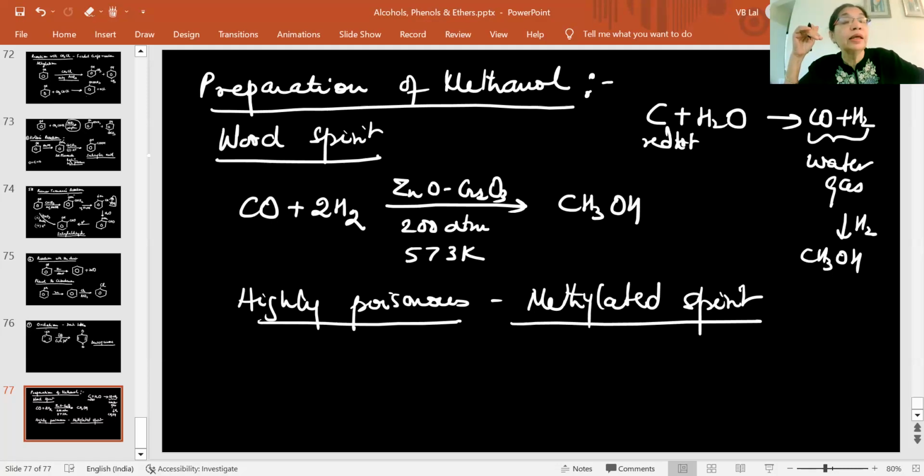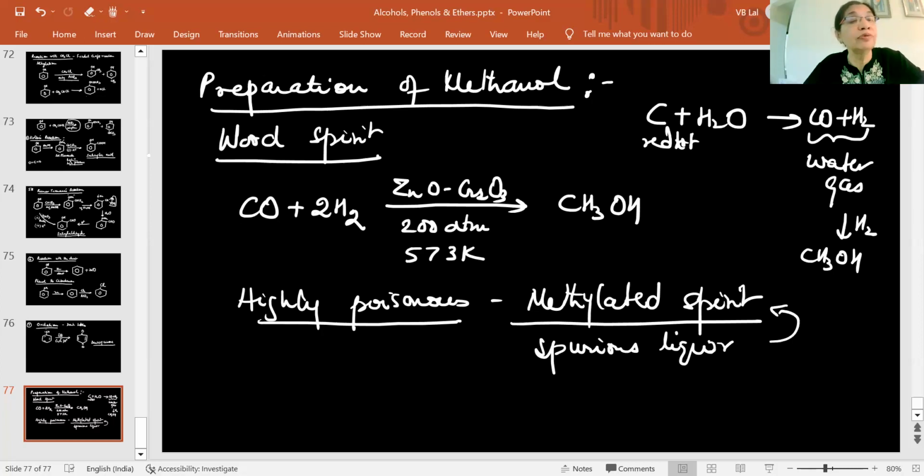That is called spurious liquor. These terms are used. You will get those type of questions where you have a paragraph. So spurious liquor is actually methylated spirit.